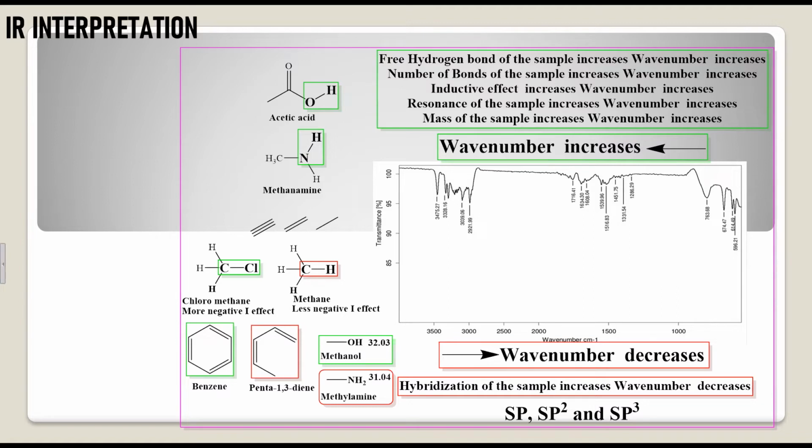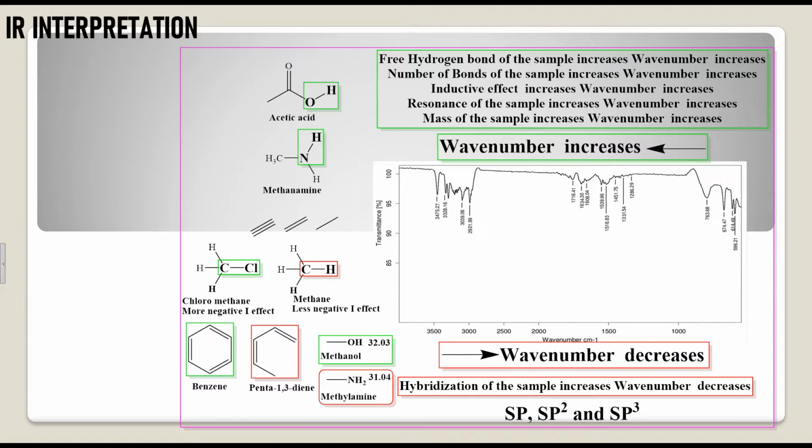If it absorbs the IR radiation, what will happen to the wave number? The wave number will increase. In the same way, if it is a triple bond, the wave number will increase when compared to a double bond. Double bond wave number is going to increase compared to a single bond. If the structure has an inductive effect, that wave number is high when compared to a less inductive effect or no inductive effect.